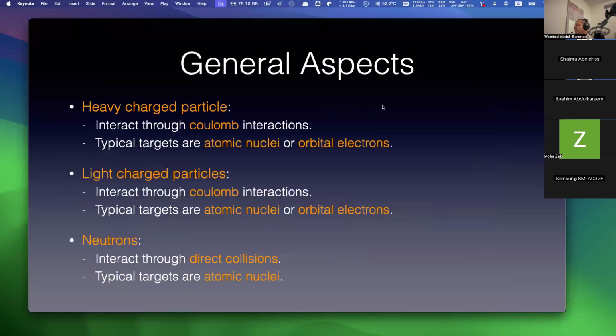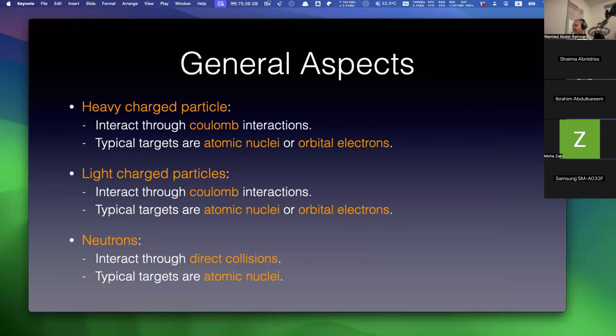Since heavy charged particles have a charge, they are going to interact through Coulomb interactions, either with the nucleus of the atom, which has a positive charge, or with orbital electrons, which have a negative charge. Light charged particles, again, interact with matter through Coulomb interactions.